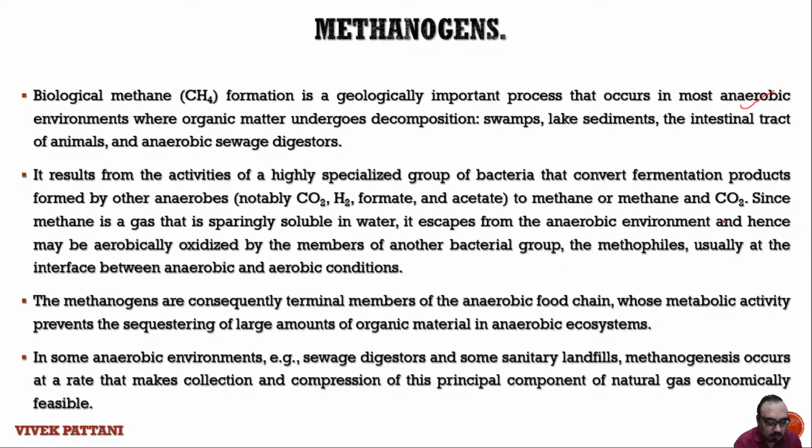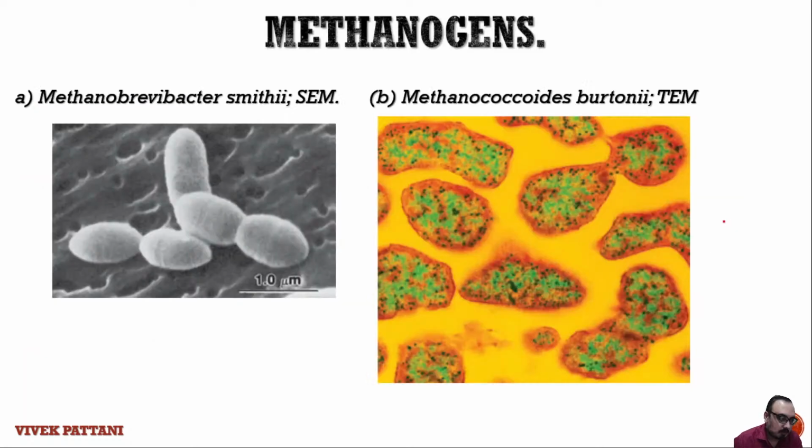Okay, so now moving forward with the methanogens. These are the two examples. There are also various examples, photographs of two examples: one is an SEM image, that is scanning electron microscope image, and another one is a TEM image, which is transmission electron microscope.